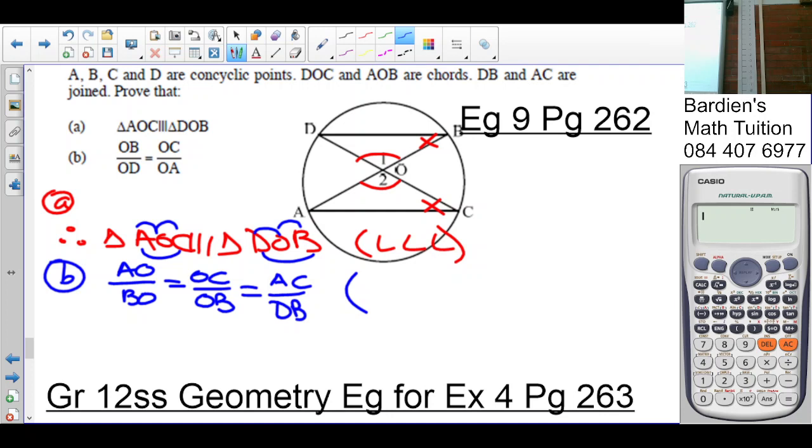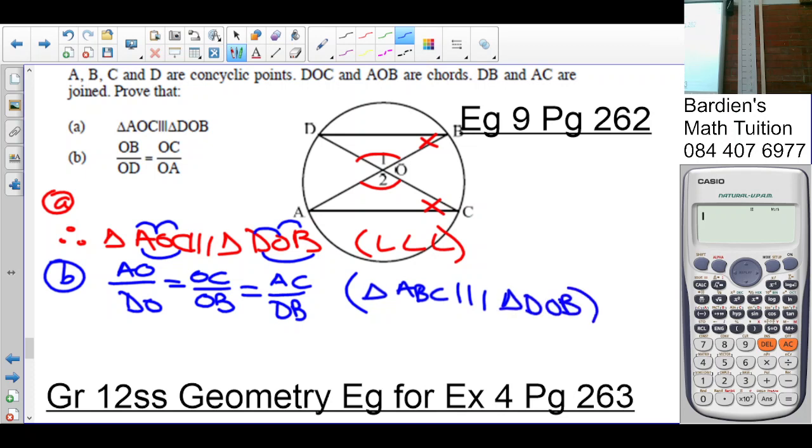Yes? So it's AO over DO. Sorry, my mistake. And then OC over OB and AC over DB. Right, thank you. And what's the reason here? Sides in proportion, or triangle AOC is similar to triangle DOB.